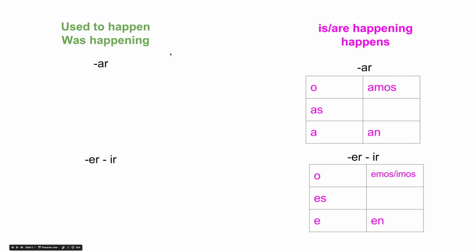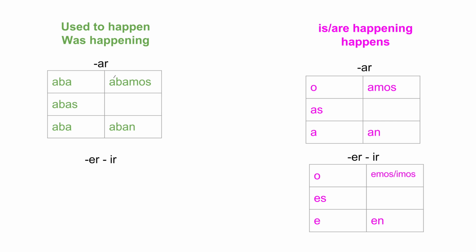If it used to happen, it was happening, then you choose green. So you take that AR off and you add aba, abas, aba, abamos, aban. There's a lot of blah, blah, blah.